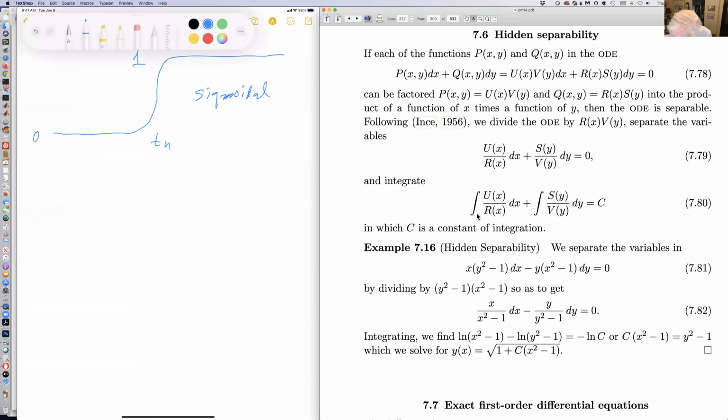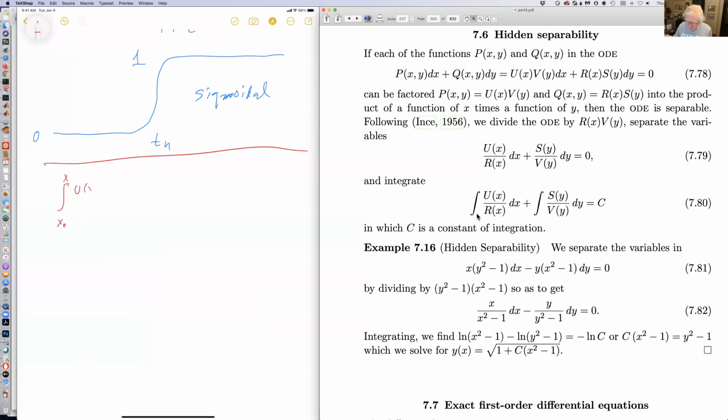If you do integrate this, you're integrating from x0 to x, U of x prime over R of x prime, dx prime, plus the integral from y0 to y of S of y prime over V of y prime, dy prime.